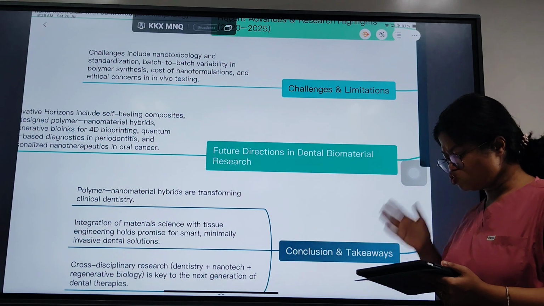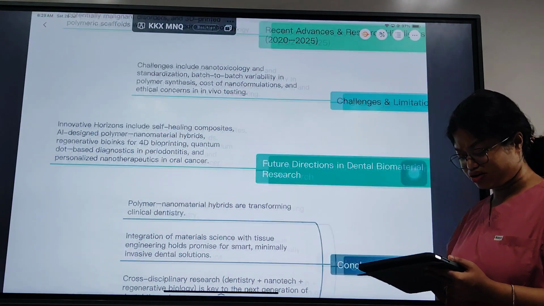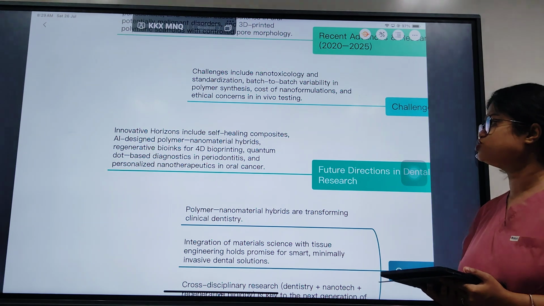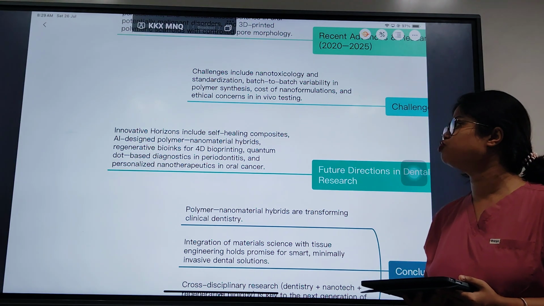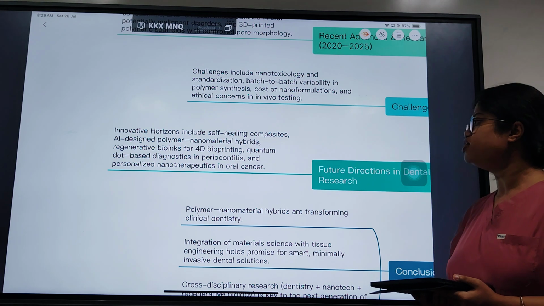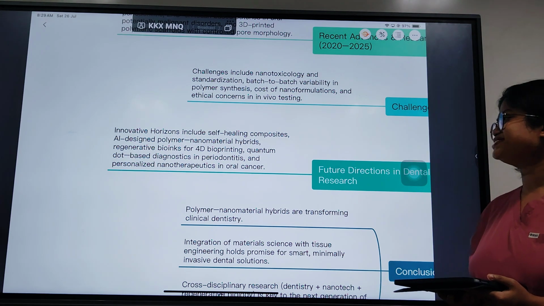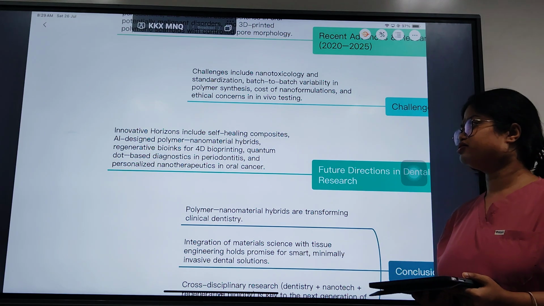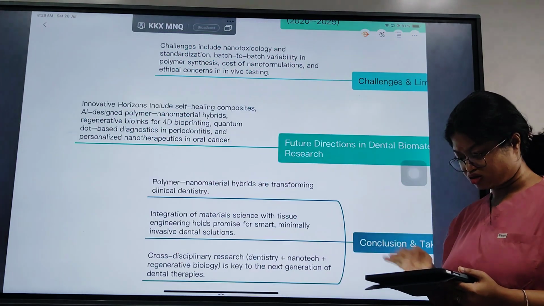What can be the future directions in dental biomaterial research? Innovative horizons include self-healing composites, AI-designed polymer nanomaterial hybrids, regenerative bioinks for 4D bioprinting, quantum dot-based diagnostics for periodontitis, and personalized nanotherapeutics in oral cancer.